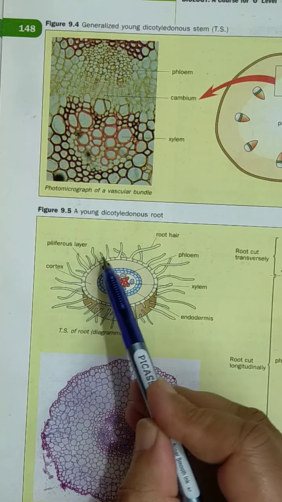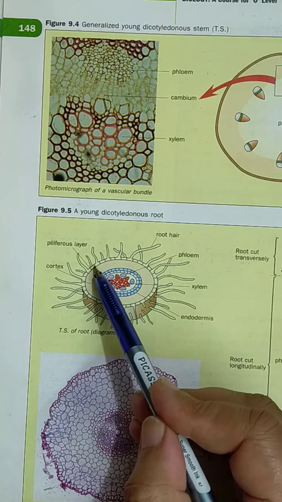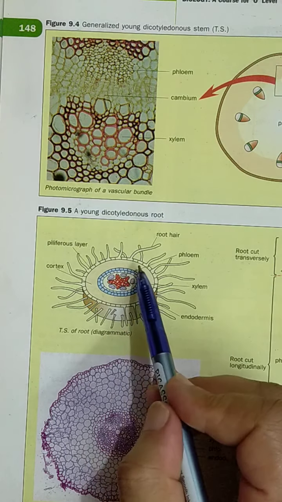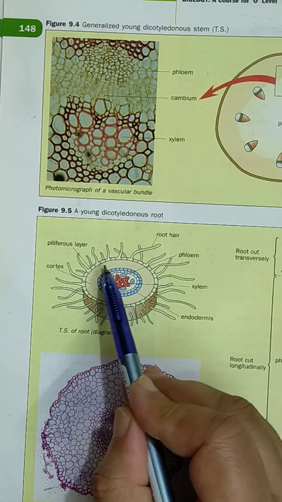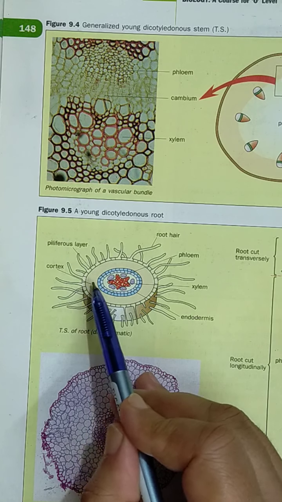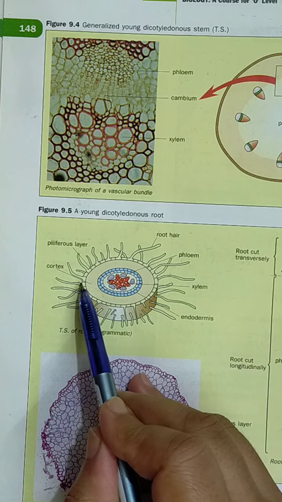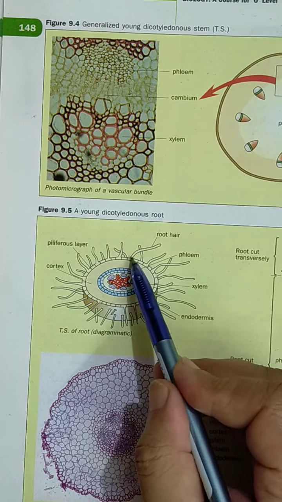Why piliferous? The piliferous layer is basically the epidermis along with this extension which is the root hair. Here you can see some root hair cells which are not drawn correctly, they are wrong. Whenever you draw, remember that the root hair cell is the extension of epidermal cells.